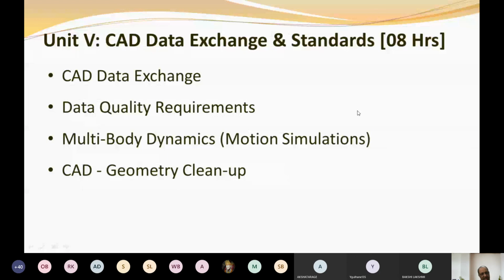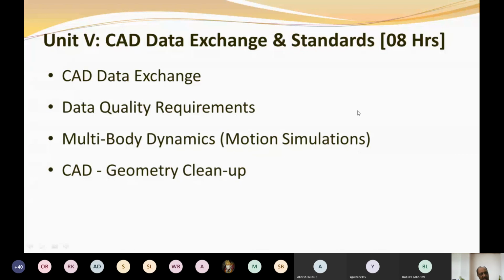So different softwares have their own advantages or own capacities which are utilized by the industry. So the entire CAD cycle is not carried out with the help of a single software. We have to use different software.